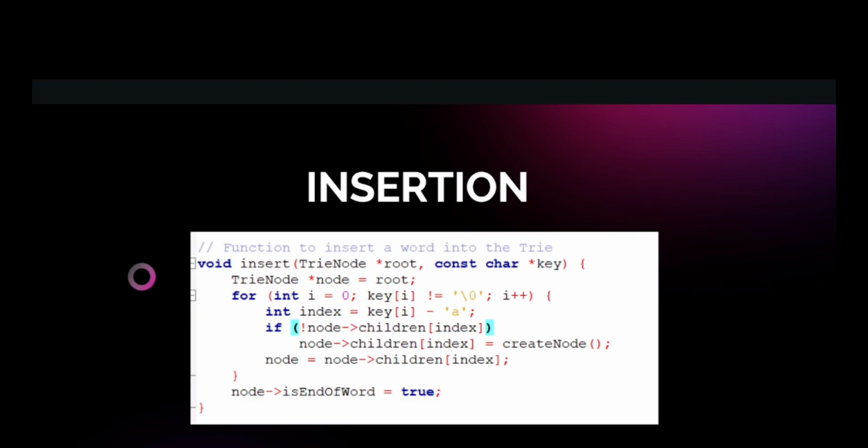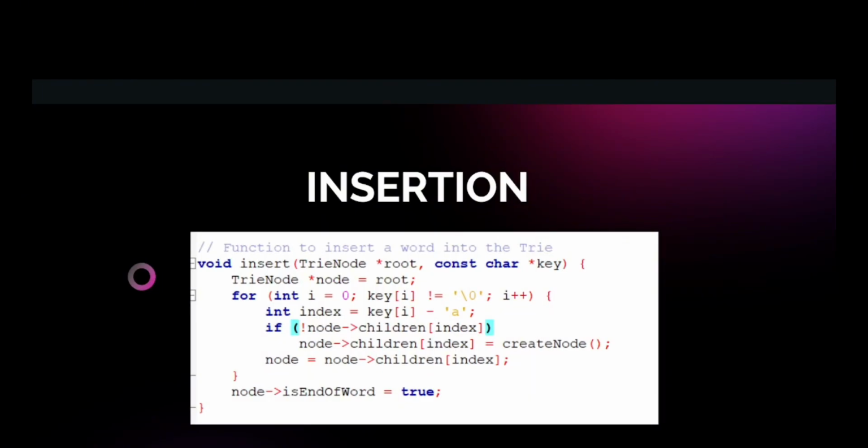Here's the code: node pointer children, here. We're going to call create node. It's a helper function that allocates memory for your new trie node.